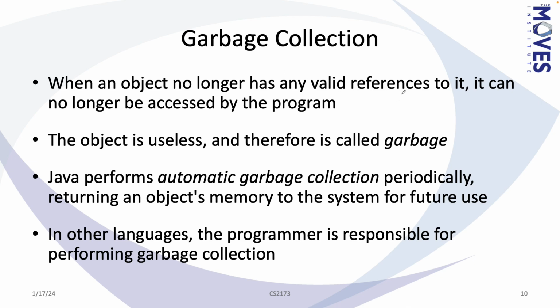Now, Java didn't invent this. They borrowed it from another language. But what garbage collection is that sometimes you create an object and then you're kind of done with it. How do you know when you're done with it? Well, if there are no valid references to that object. Remember I talked about scope.